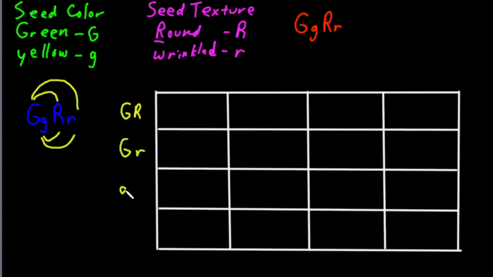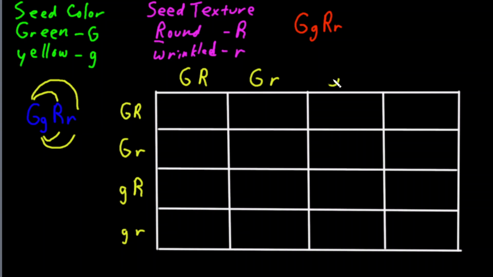Inside will be little g, capital R, and last will be little g, little r. Since this is the same genotype, it will have exactly the same possible gametes. And so we will just write those along the top.